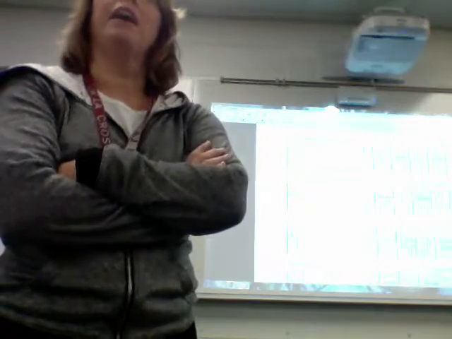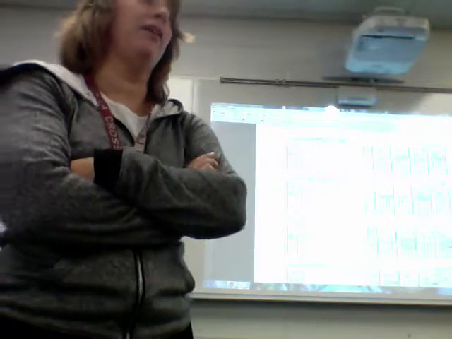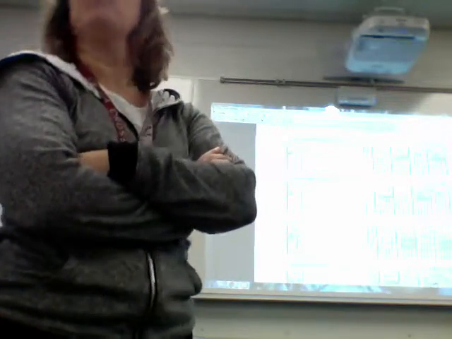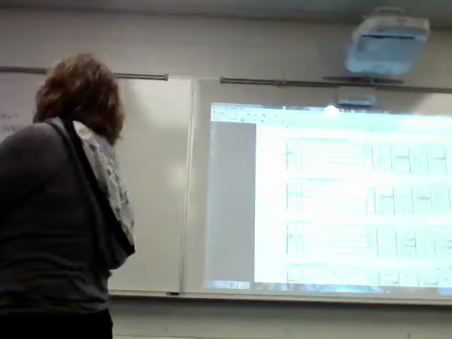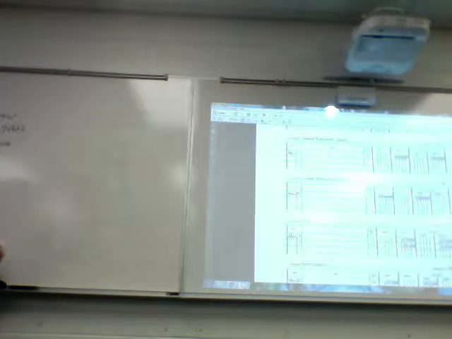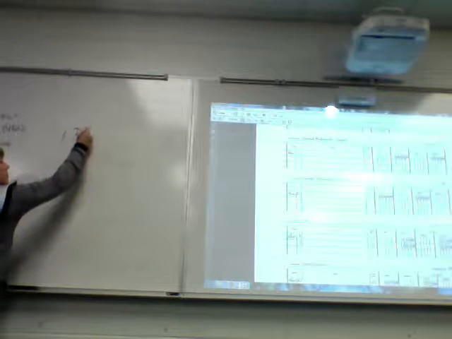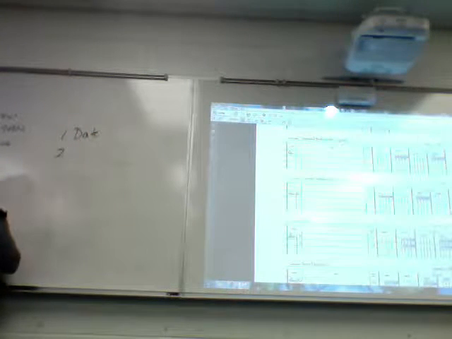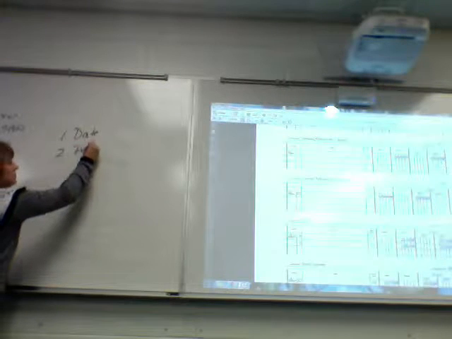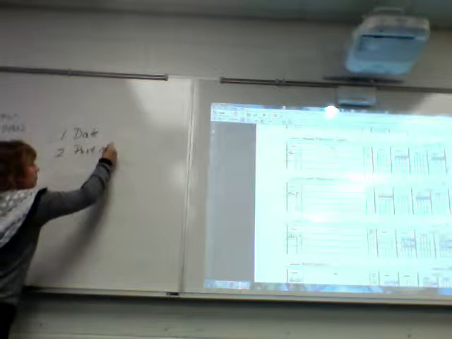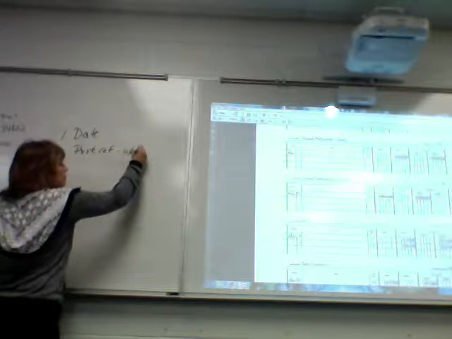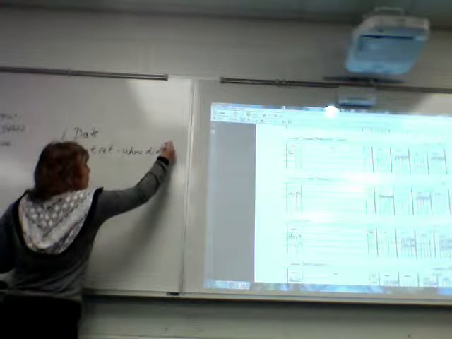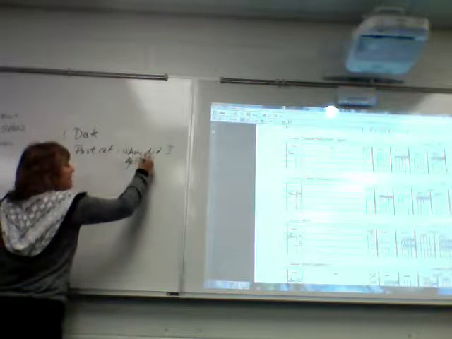Questions about posting? And I know you're going, yeah, we get it. You said it 15,000 times. So, 5 steps in posting are: date. Meaning? The journal one right now. Where did I get this info?